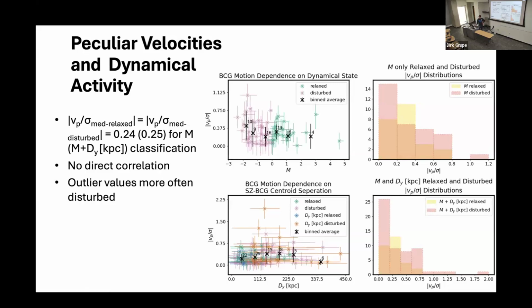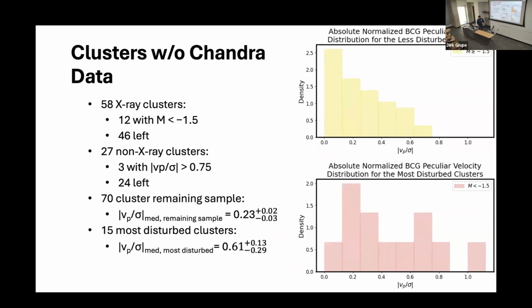And we apply a cut from this visual inspection, rejecting objects greater than M equals negative 1.5 to try to remove these objects, and do a test on the whole sample as well as excluding the most disturbed objects, to see if some of these effects that we're going to talk about in the next couple of slides apply to the whole cluster sample or just objects that should be following the CGP.